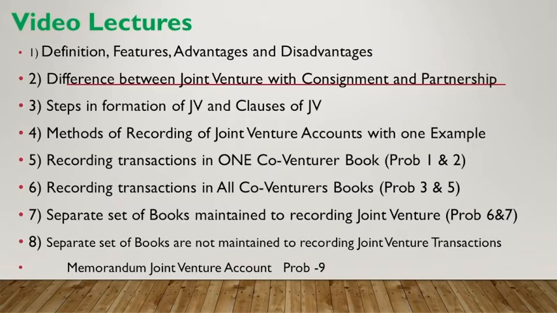The fifth video is recording joint venture transactions in one co-venturer's book. Problem number 1 and 2 I explained, recording the journal entries in one co-venturer's books. In the sixth video, I explained recording joint venture transactions in all co-venturers' books. Only problem number 3 I explained in that.